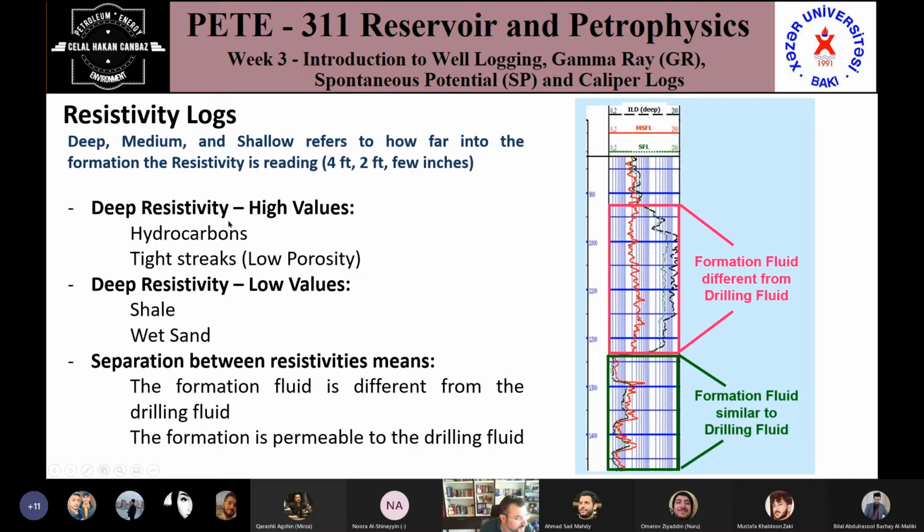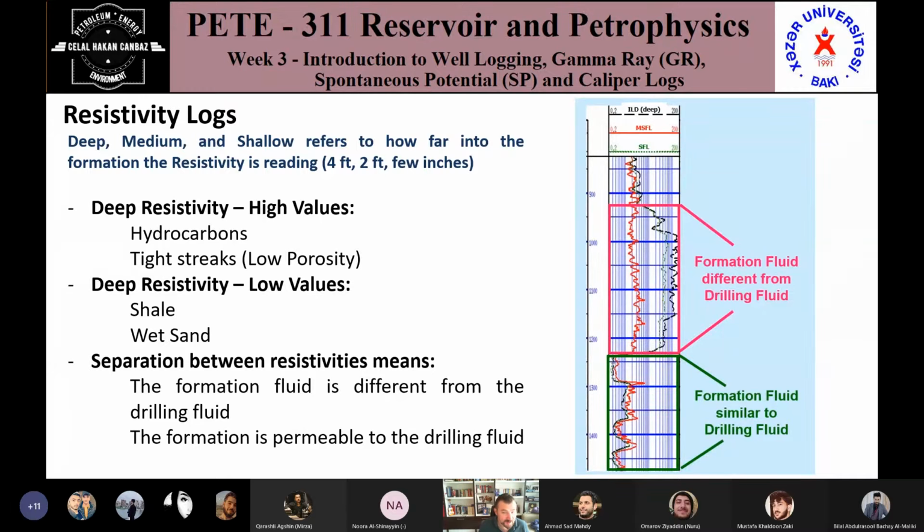If you get high values in the deep resistivity log, it gives you an idea regarding hydrocarbons and low porosity parts. I am not describing this in porosity logs; I am calling it the resistivity log, right?